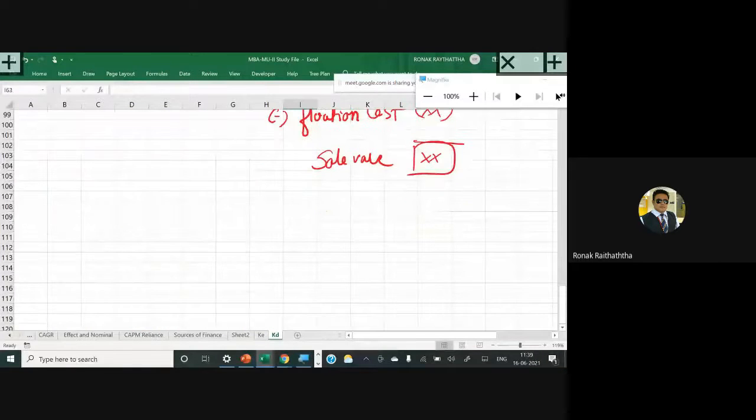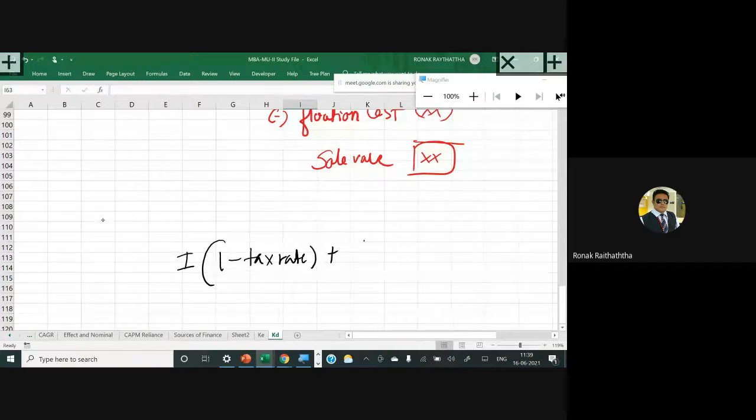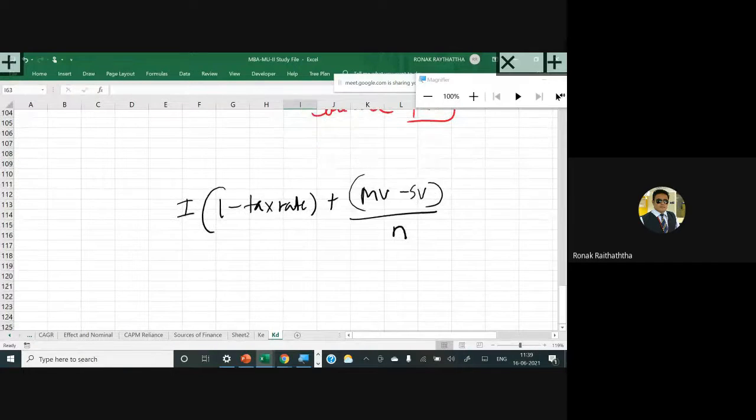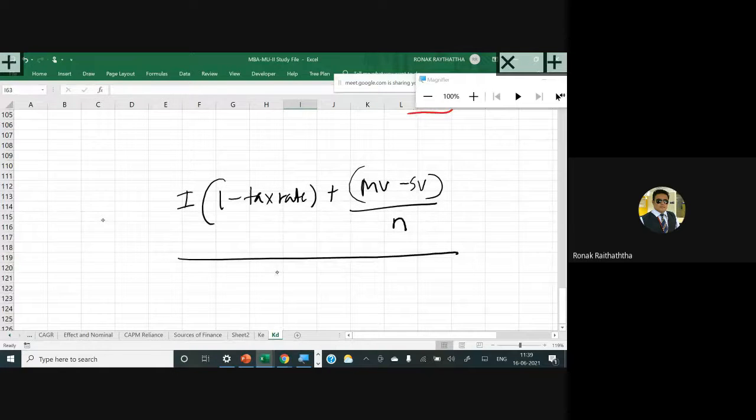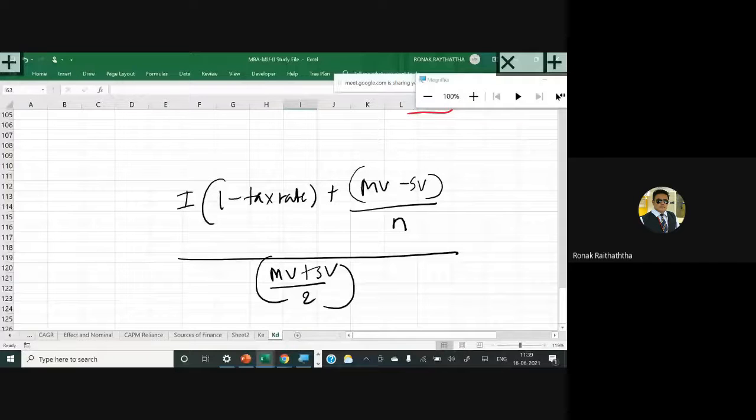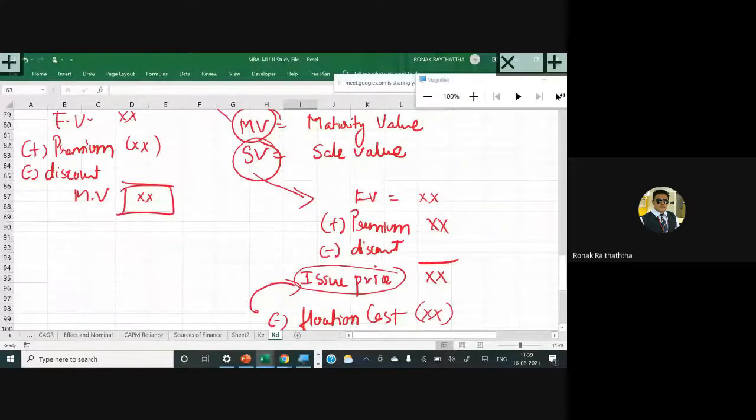You may sing along with me. I in bracket 1 minus tax rate plus MV minus SV divided by N. Remember that in the back of your mind. The whole is. अरे भैया whole. बाबा शोर नहीं शोर. वैसे ही the whole is divided by the average of MVSV. So you get the KD after tax when it comes to redeemable debentures.